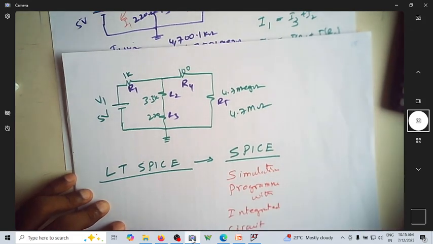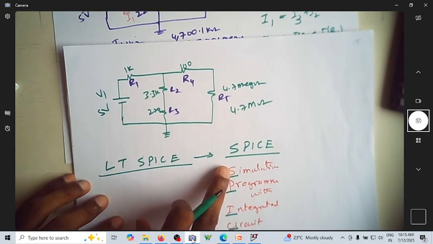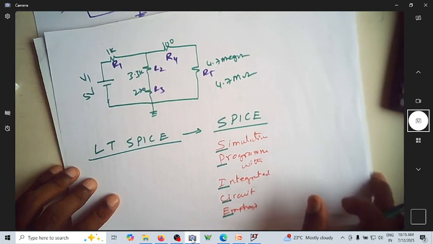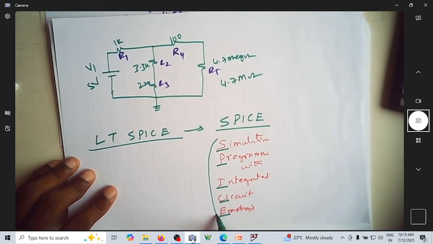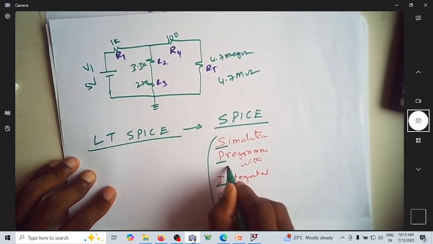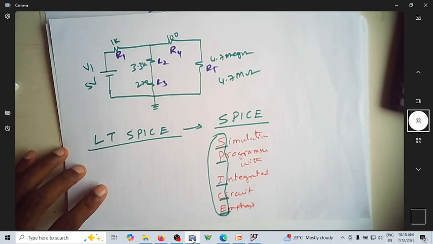From this, simulation program with integrated circuit emphasis, this SPICE has been derived. This is how SPICE comes about.